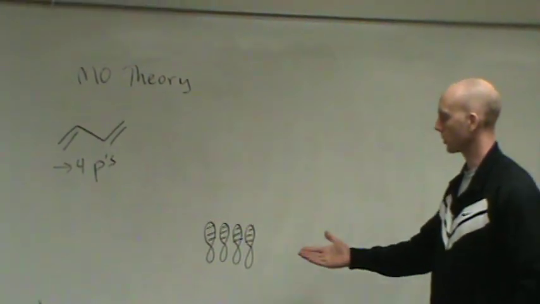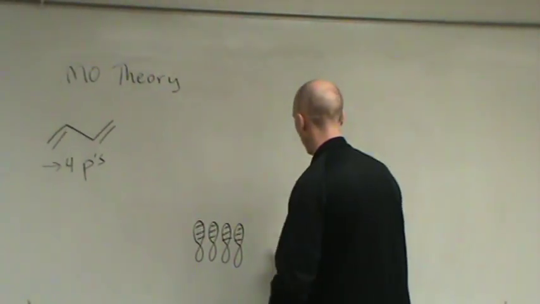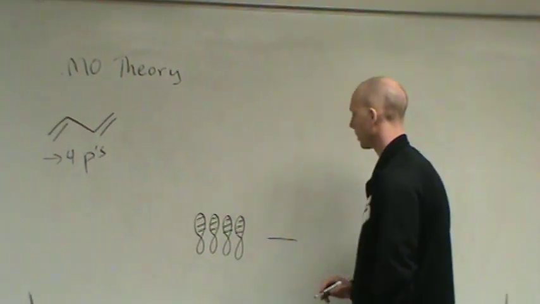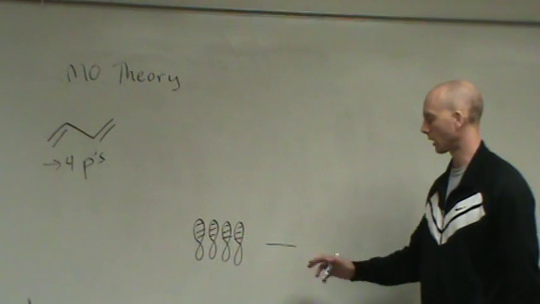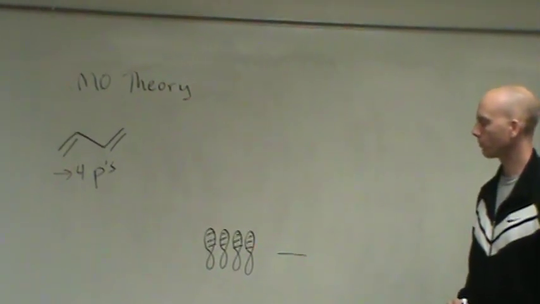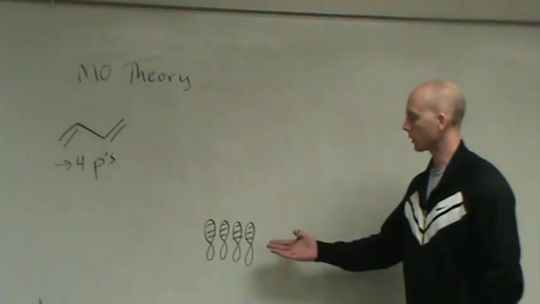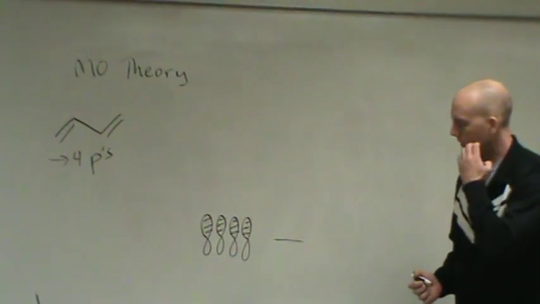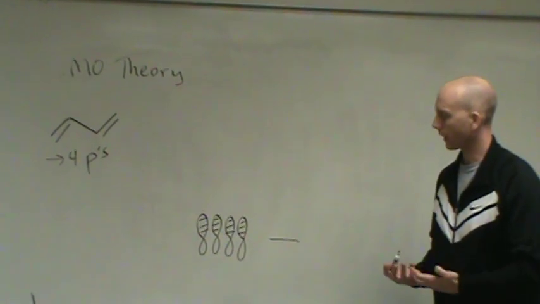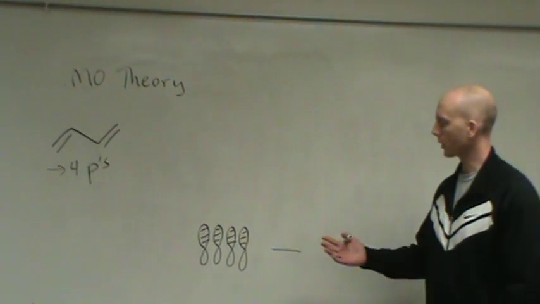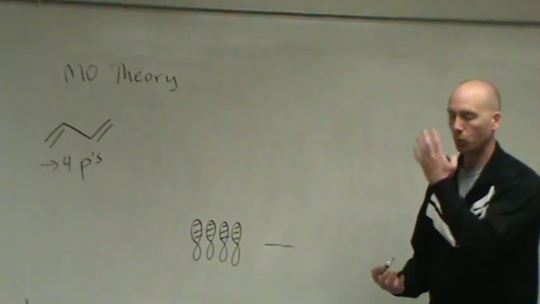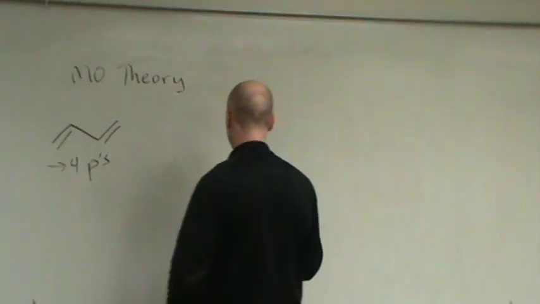And so as you can imagine, this will be our lowest energy p orbital, or set of p orbitals for our molecular orbital. And now what we'll do is start to look at them overlapping out of phase a little bit. So what we want to do is create one node as we do that.